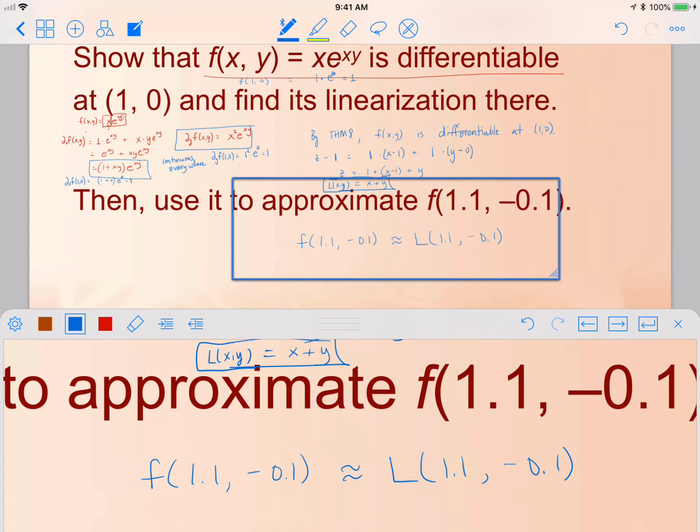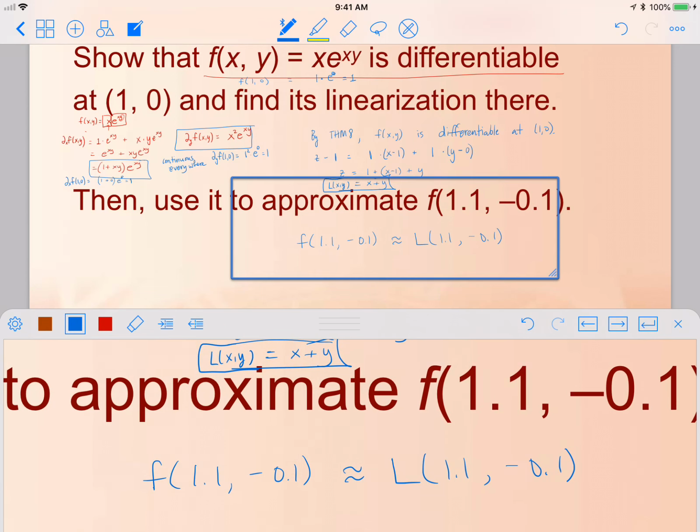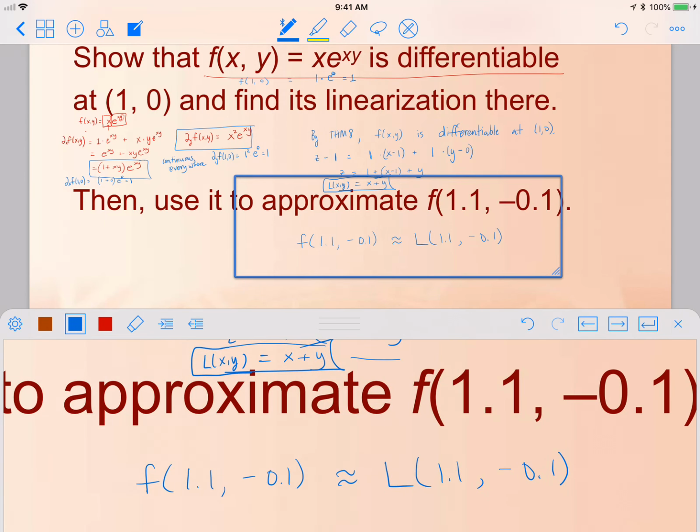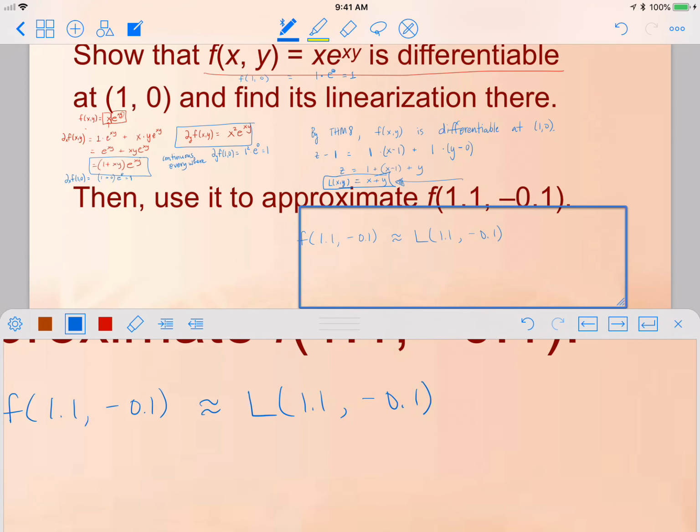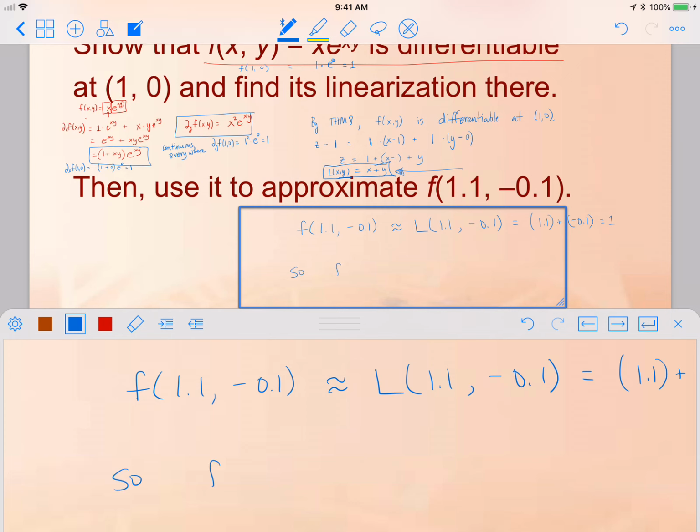And 1 comma 0 is really close to 1.1 comma negative 0.1. So our linearization is just x plus y. So this is just going to be equal to 1.1 plus negative 0.1, equal to 1. So f of 1.1 comma negative 0.1 is approximately 1.